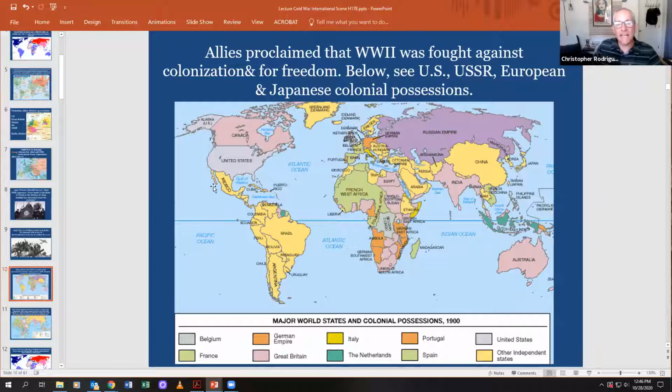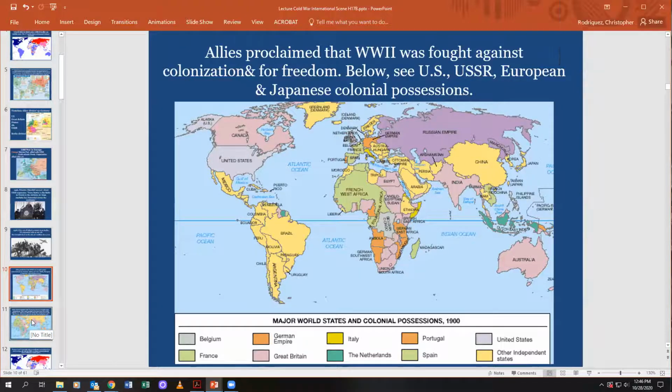And this came at a time when many areas, especially in equatorial Africa, India and Southern Asia, were still colonial possessions of European nations and of Japan, and Cuba and Puerto Rico were still colonies of the United States for the time being.